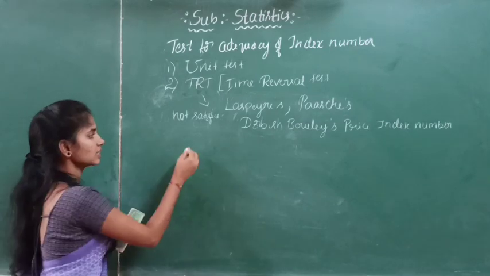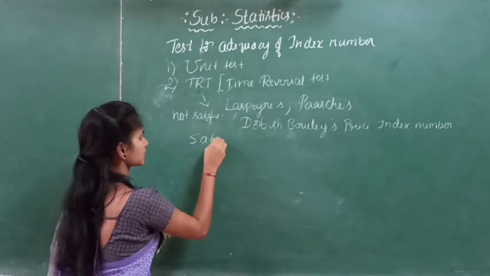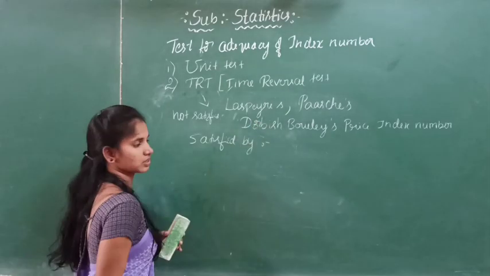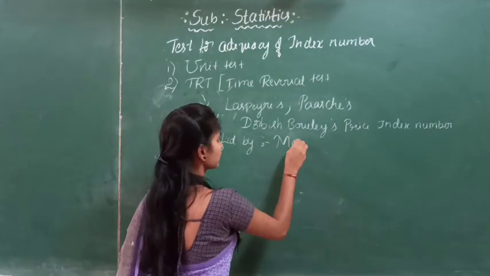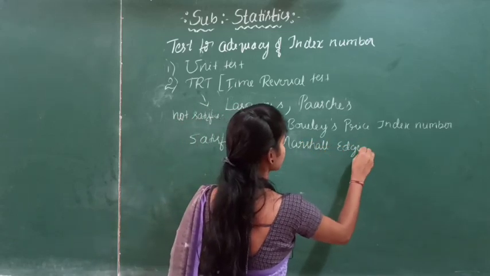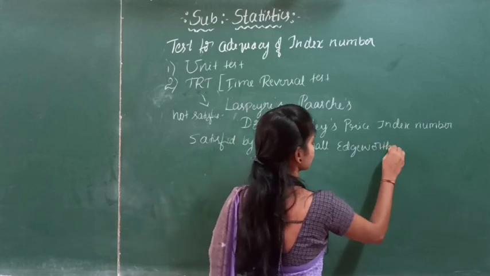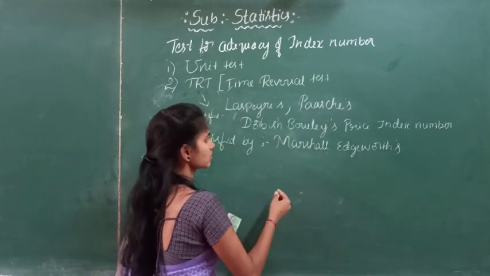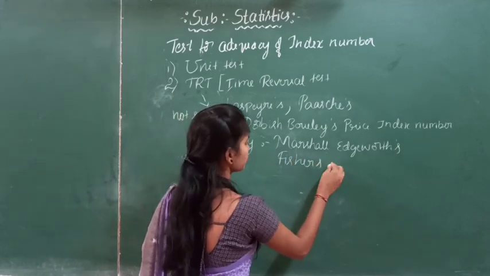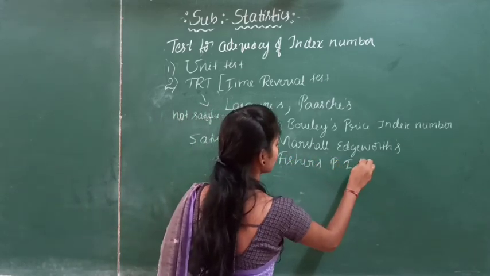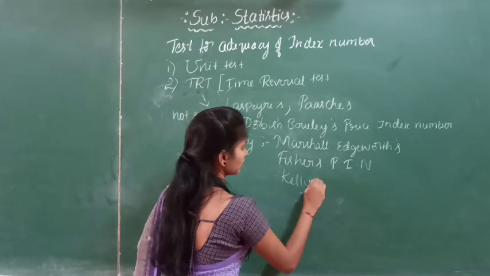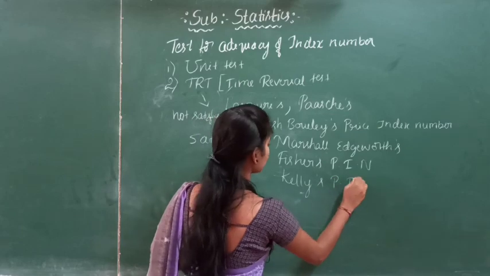Then what are the index numbers that satisfy it? The remaining index numbers: Marshall-Edgeworth, then Fisher's price index number, and another one is Kelly's price index number.